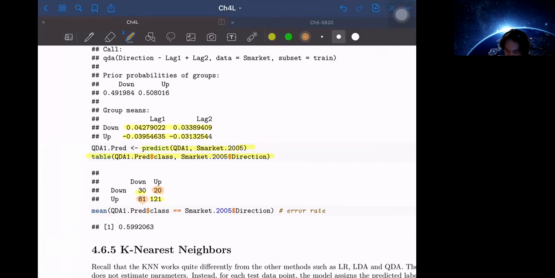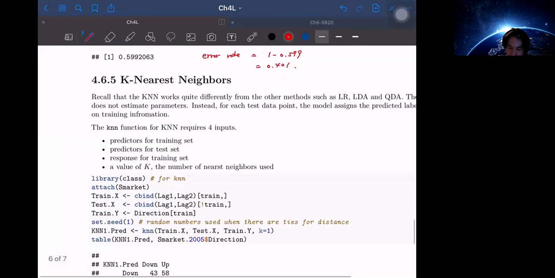So only 101 errors out of 251. So again, 1 minus error rate is almost 60%, so the error rate is 40.1%. That is pretty small. That's an interesting result.